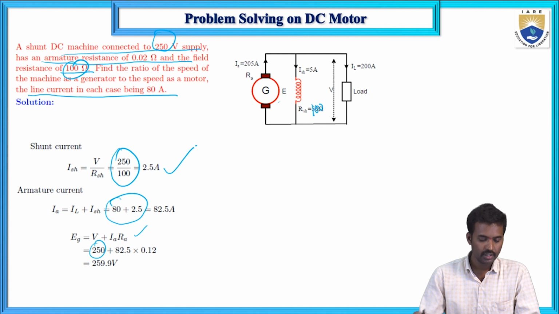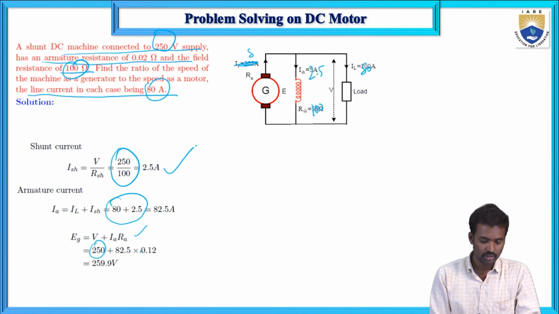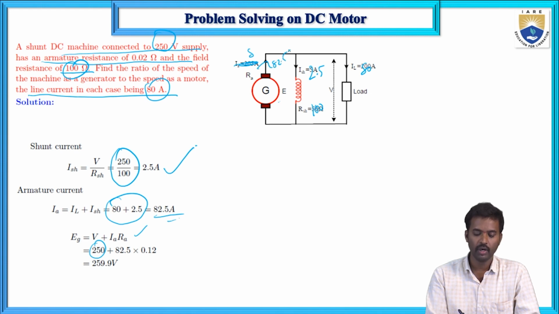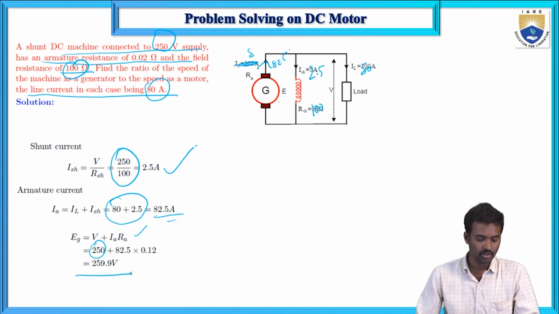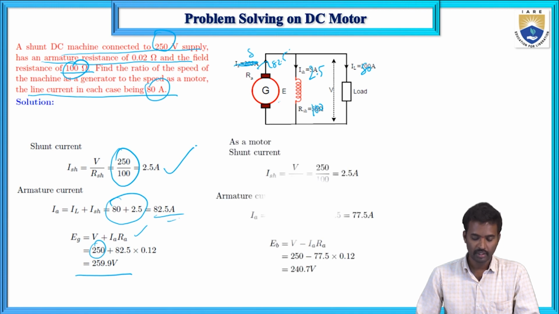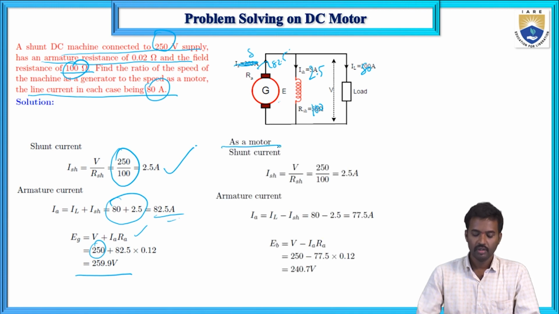Here 80 amperes is the line current, and this is 2.5. So the armature current IA equals 82.5. So the final induced EMF is EG equals 259.9. Next, it is working as a motor.